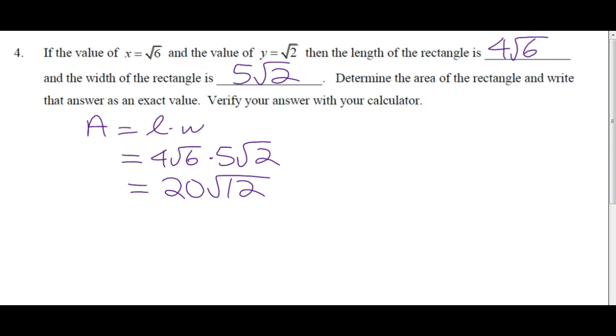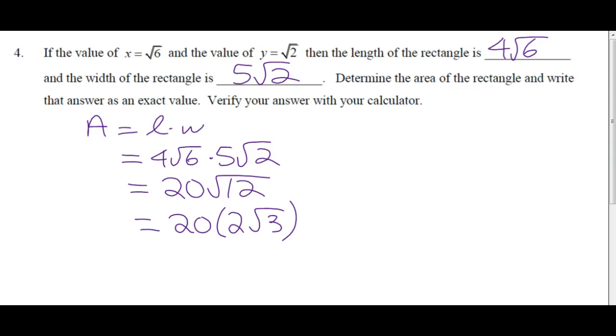Multiply the numbers under the radical, you get 20 root 12. But what's root 12? So actually what I want to see is that root 12 is 2 root 3.